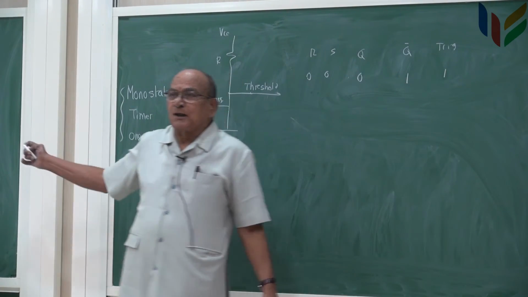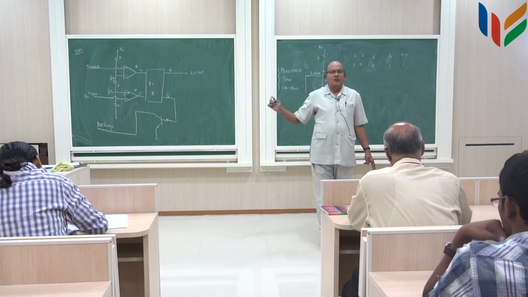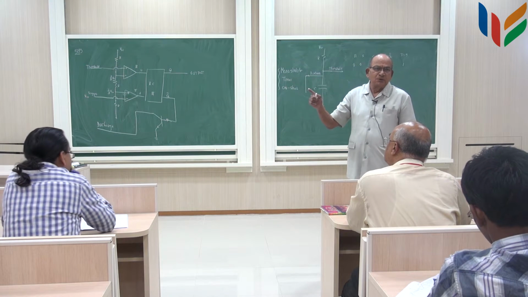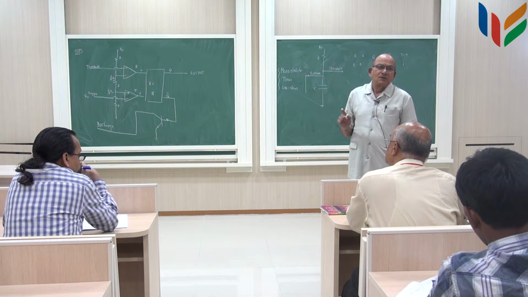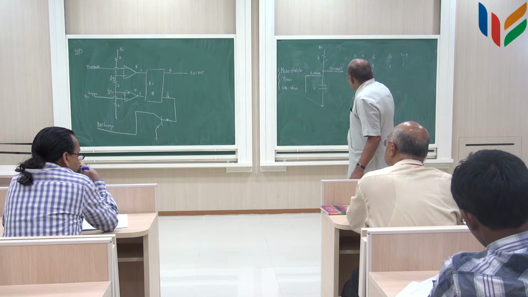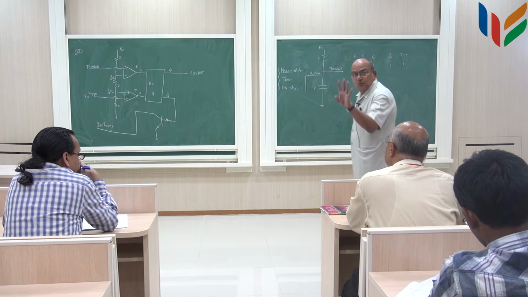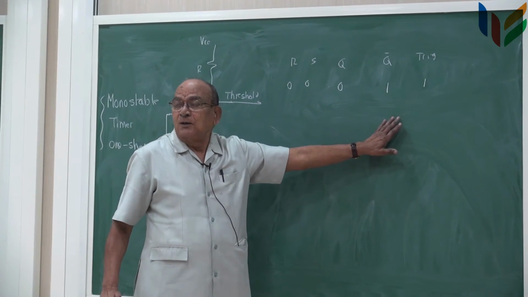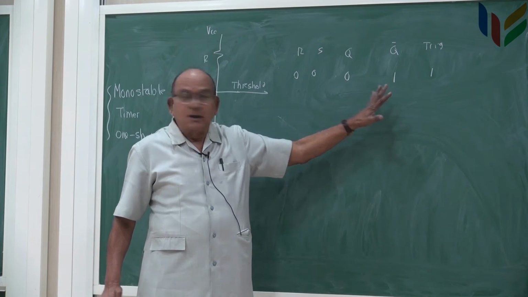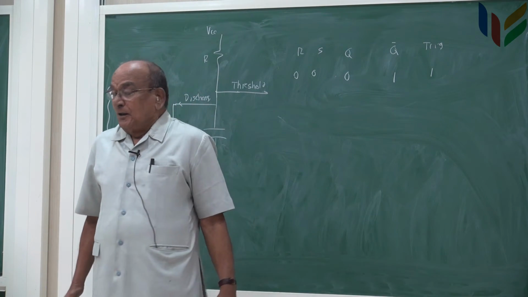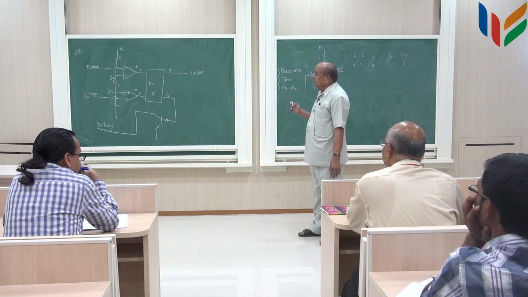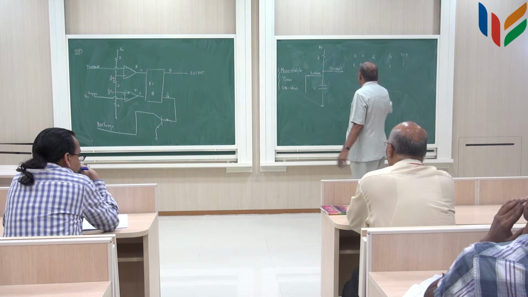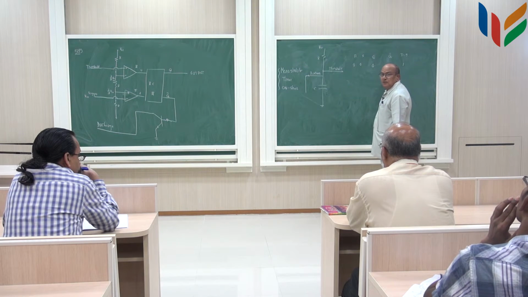That is what the RS flip-flop characteristic is. If RS is sitting at 0, 0, Q will be 0 and Q bar will be 1. And for the other RS combinations, the 4 binary possibilities, we will write down the appropriate values of Q and Q bar later on. But the question that I am asking initially is, where is this sitting? I am assuming that initially it is sitting at 0 and 1.